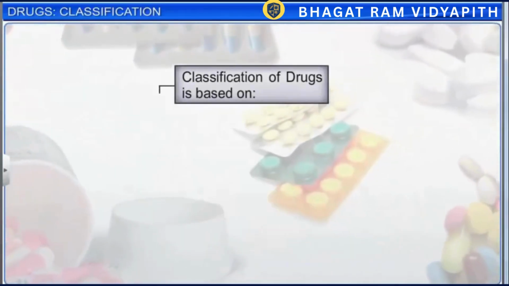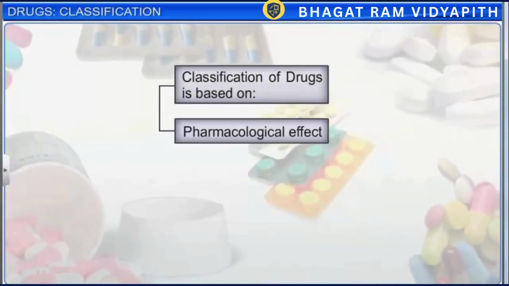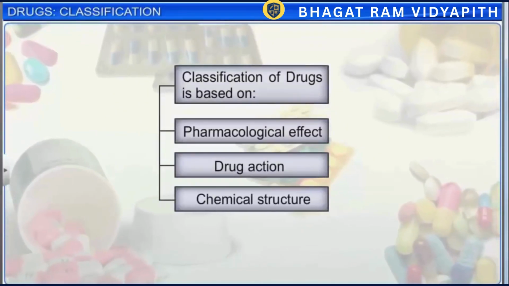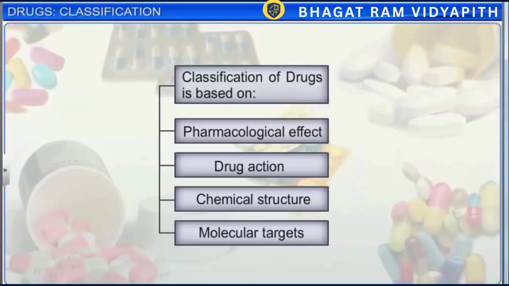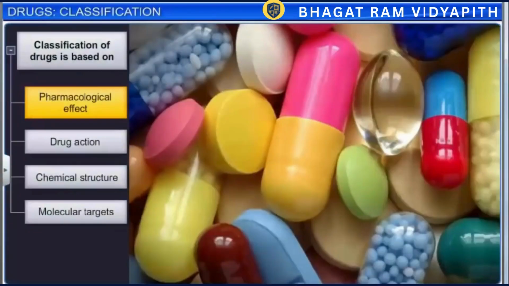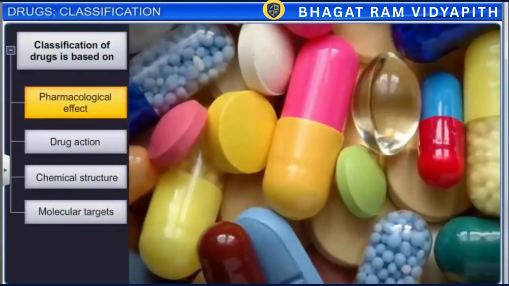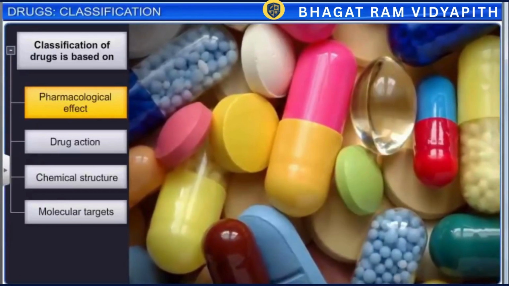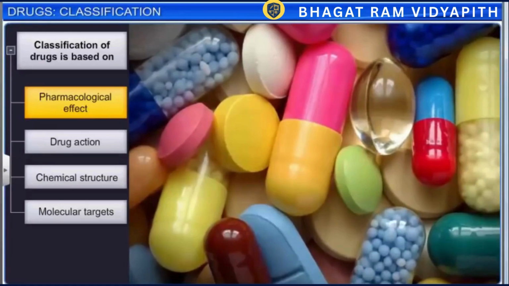Drugs can be classified on the basis of their pharmacological effect, drug action, chemical structure, and molecular targets. Drugs classified on the basis of their biological or pharmacological effects are useful in treating a particular type of problem.